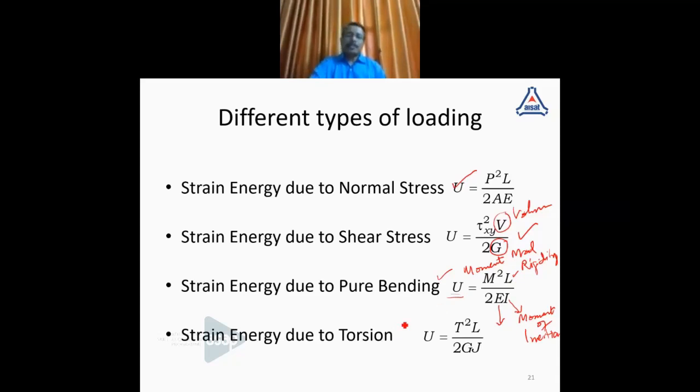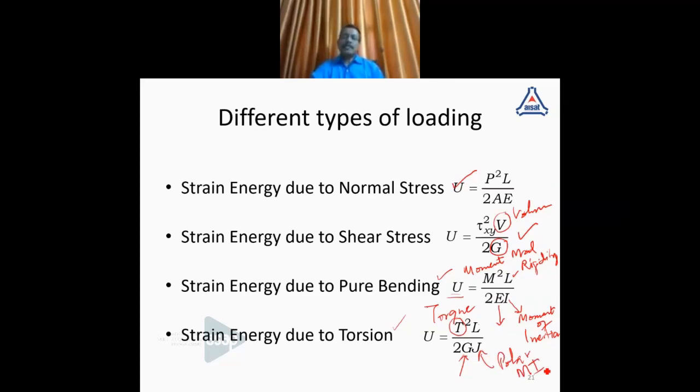And in a torsional loading, we will be applying a torque. A torque is applied to produce a twist in the loaded body. And here, this L is representing the length of the bar, G is the modulus of rigidity, and J is the polar moment of inertia.